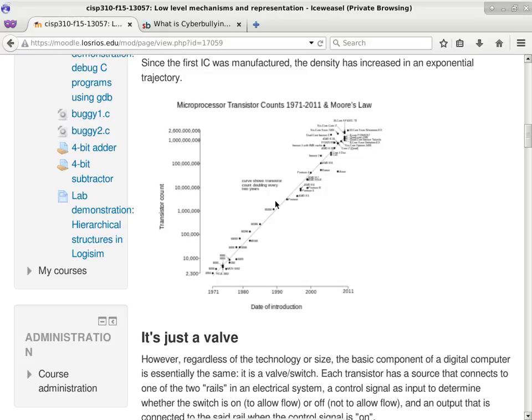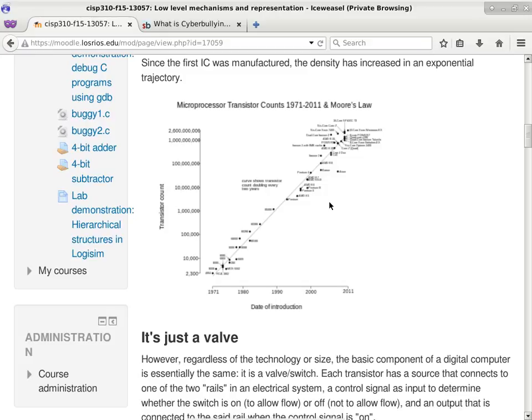It's an exponential growth. In fact, I would say it's super exponential because we have some dots out here that are not even following the line. So that means we are packing more and more transistors into computers, and it's growing at an exponential rate.